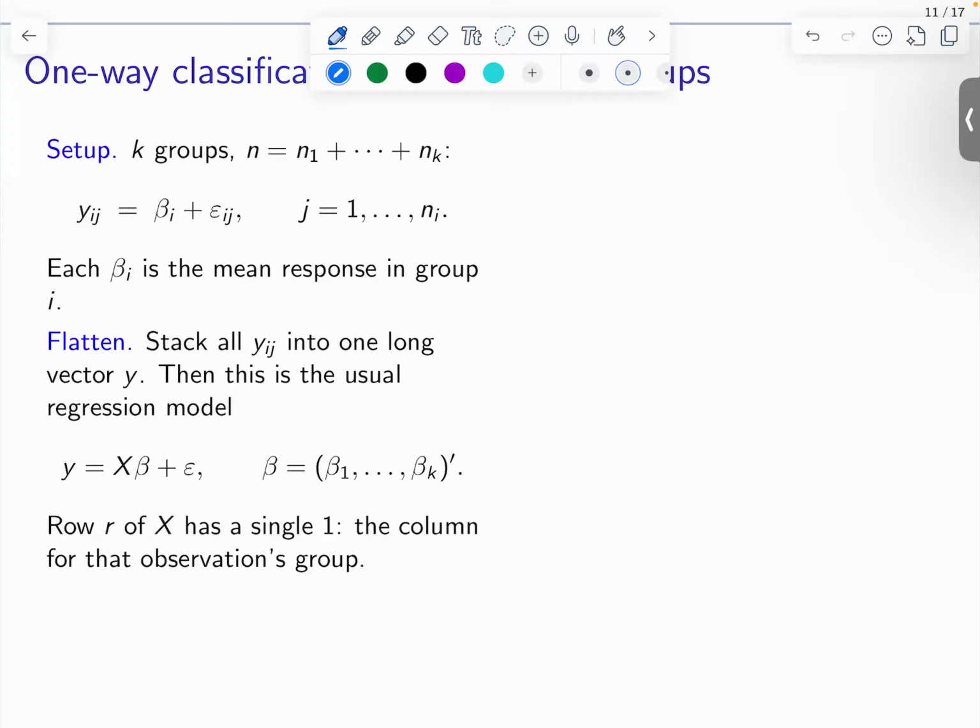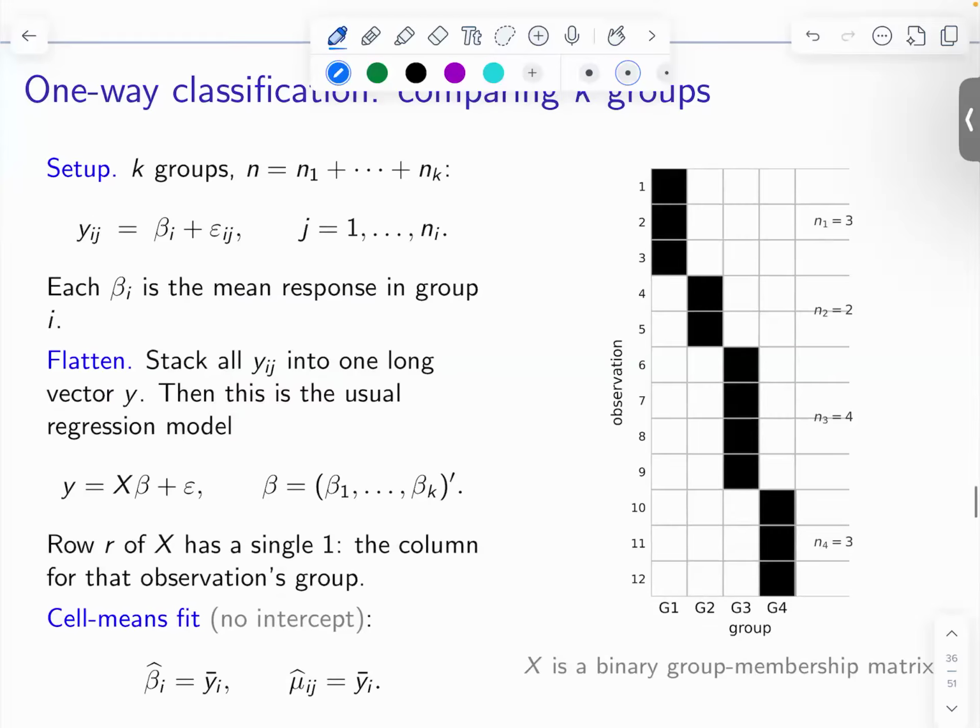But if you do first group 1, and then group 2, and then group k, you get a giant vector, and the same goes for epsilon, and then there's going to be a design matrix, and then there's going to be a beta, which is beta 1 up to beta k, transposed, basically.